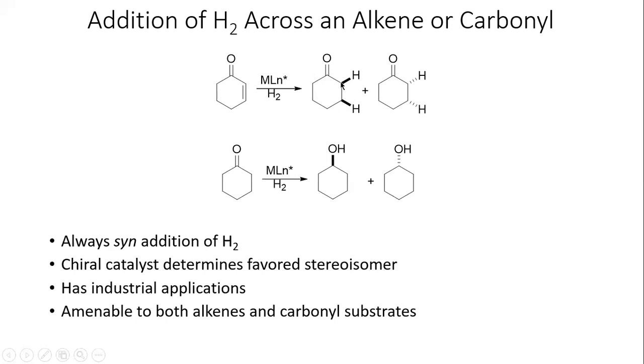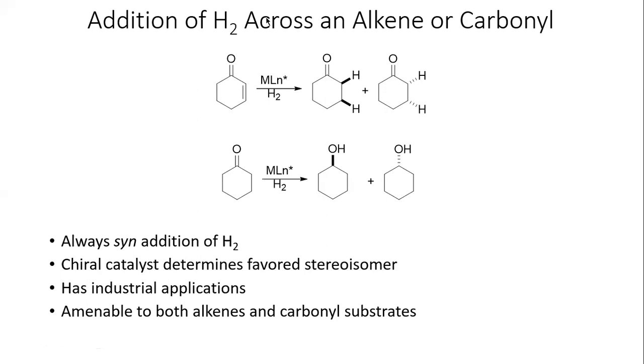This carbon right here, if there was another atom there, then it would be chiral. But it's just to show the stereochemistry and that both hydrogens add to the same face, right? So it's always syn addition across that double bond. They're either going to both add to the front face or they're both going to add to the back face.